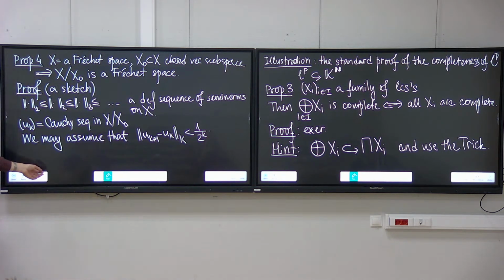Of course, an arbitrary Cauchy sequence doesn't have to satisfy this inequality, but we can find a suitable subsequence satisfying this condition.